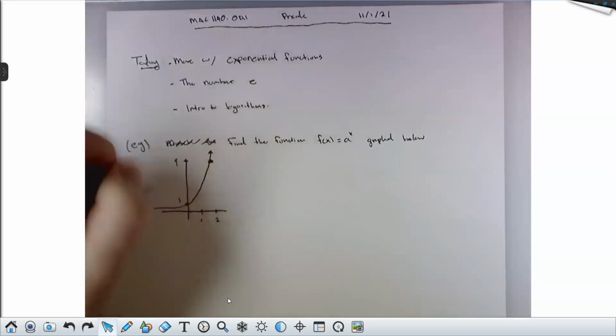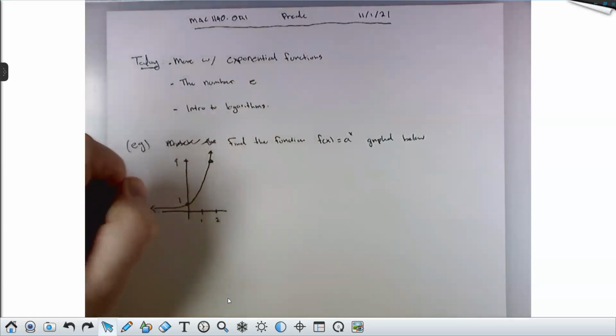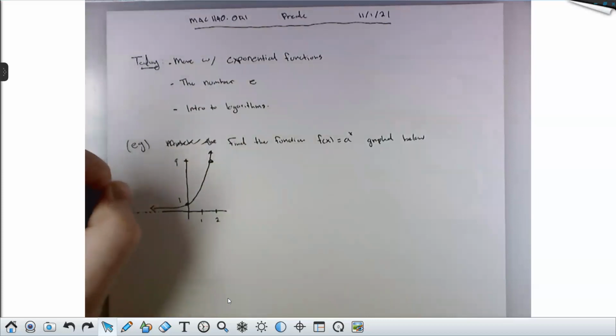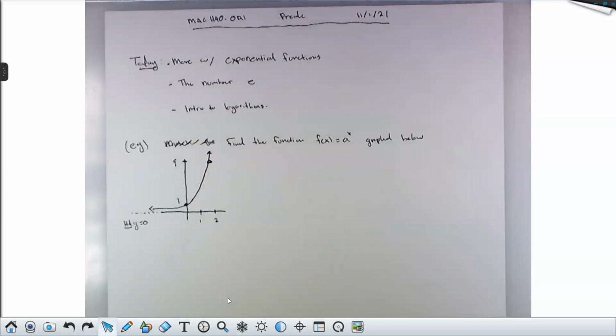Something like this. So we have this horizontal asymptote, y equals 0. It goes through the points (0, 1) and (2, 9). And we want to find the function of the form f of x equals a to the x whose graph this is.